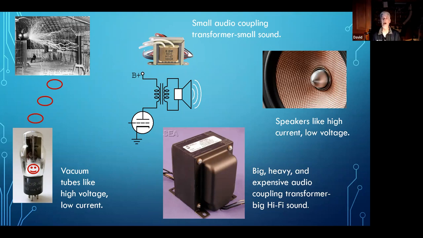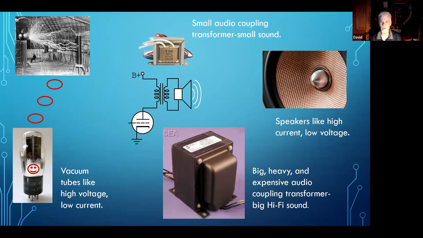But before I get to that, why output transformerless? Well, typical tube amplifiers, vacuum tubes like high voltage and low current. Speakers need high current at low voltage. And so they don't really talk to each other very well.